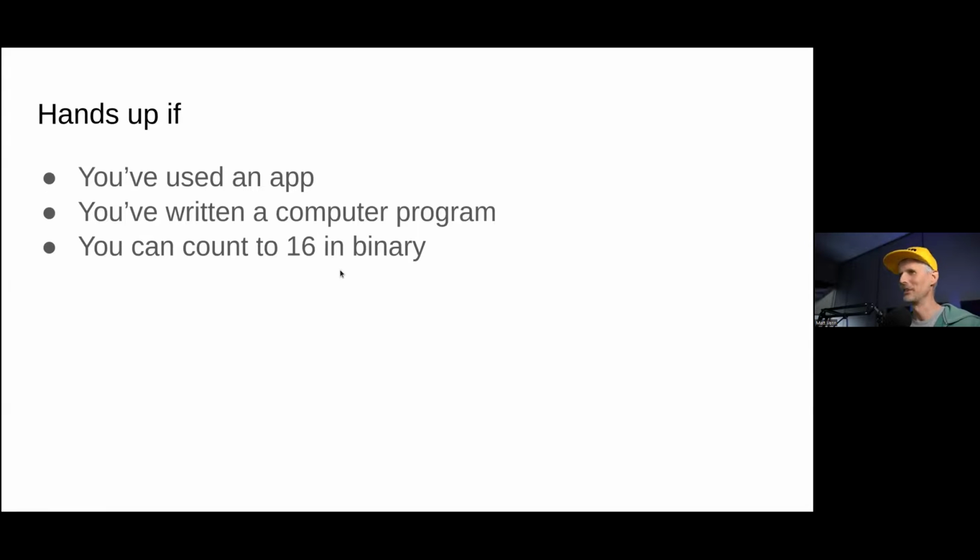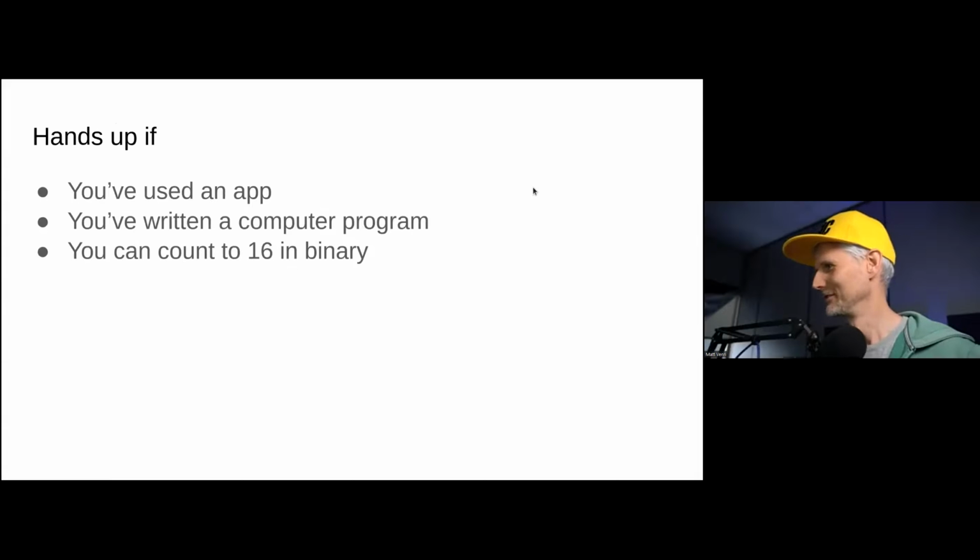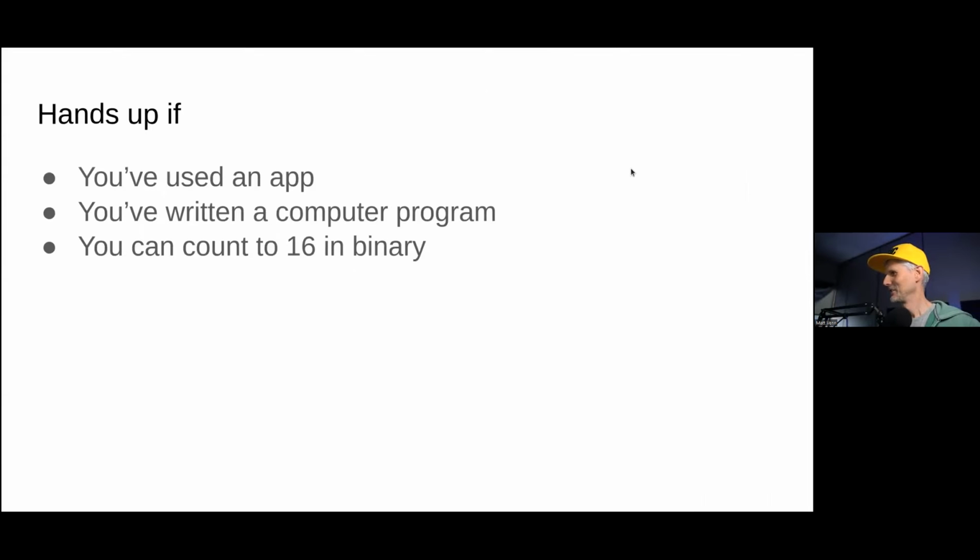Okay, here's a hard one. If you can count up to 16 in binary, write the word binary. Oh yeah, we've got some, that's good. Just type in how old you are in the chat. Cool, okay. Great, good range of ages there.